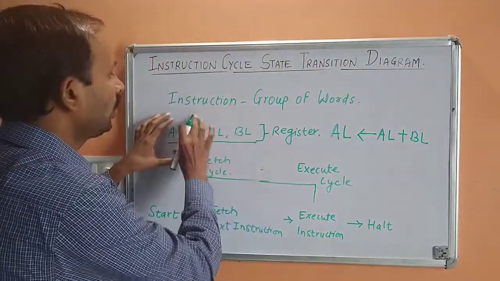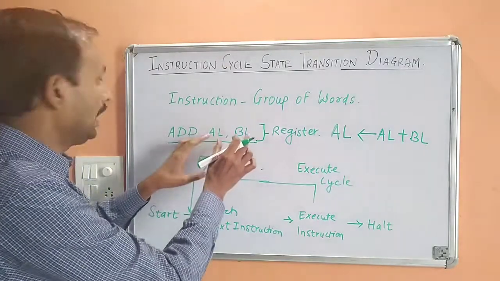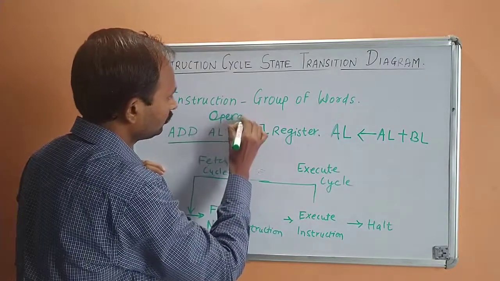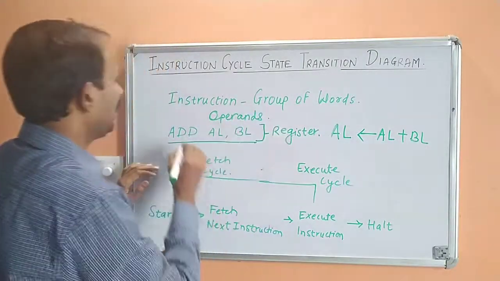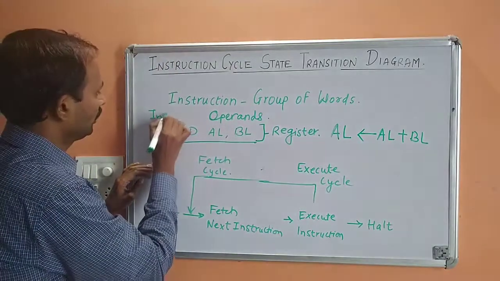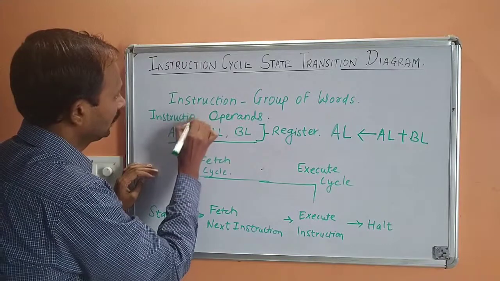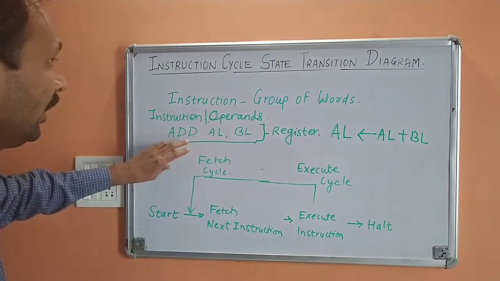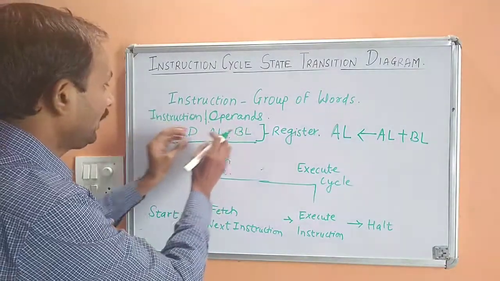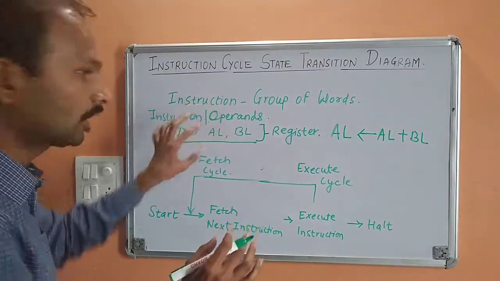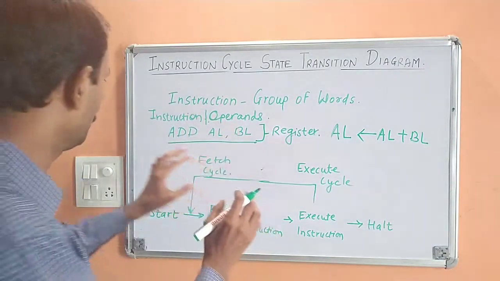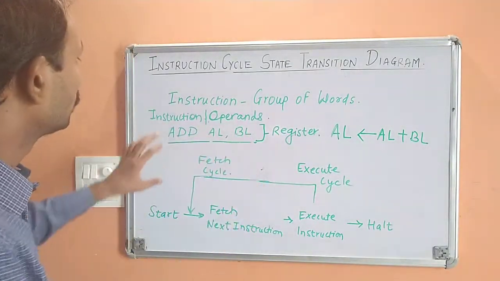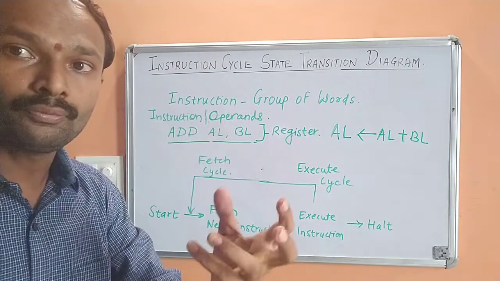The ADD instruction works on these two registers, and these two registers are called operands, and this is called the instruction. So here we have a group of words, ADD AL, BL, and this becomes the complete instruction. Inside this instruction, this part is known as the instruction and these are known as operands, right?